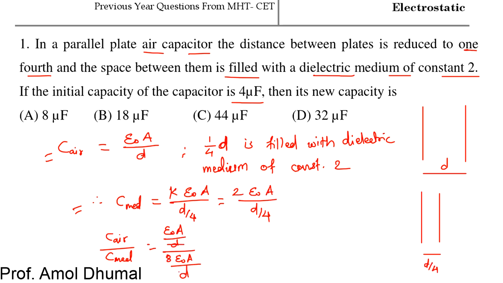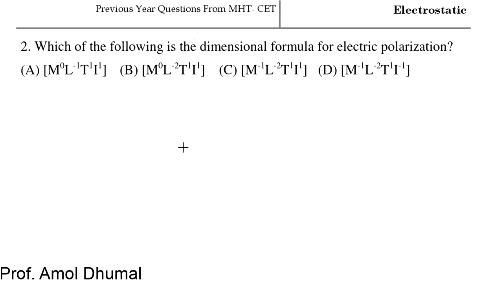Here D and epsilon 0 A cancel, and the remaining is 1 by 8. The original capacity of the capacitor was 4 microfarad, and the new capacity is C medium, which is equal to 32 microfarad. Option D is correct.